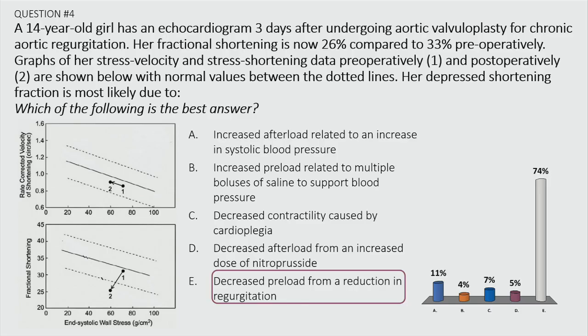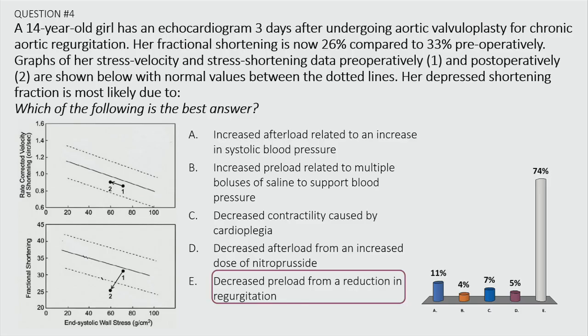Because if we stay at the same points as we go along this, we're taking afterload into account. This is already taking preload into account, and what's left is contractility on this graph, okay? Put another way, you can see that as afterload increases, the expected contractility should decrease here as well. So this gives you some insight to say, okay, contractility is not the answer. So that allows us to take contractility off the chart.